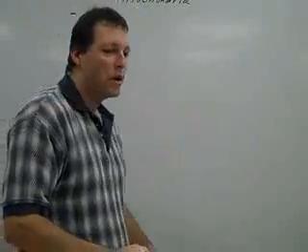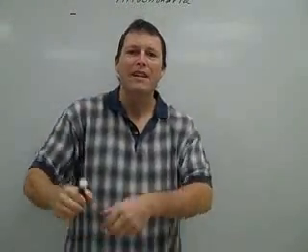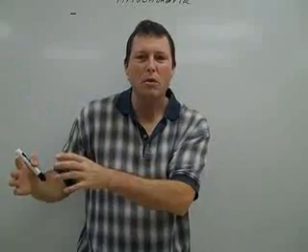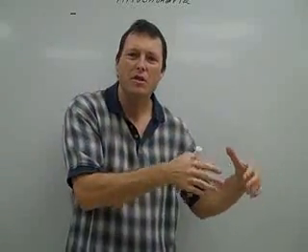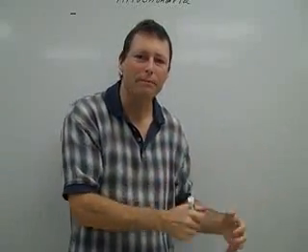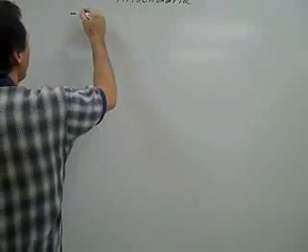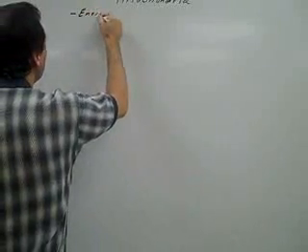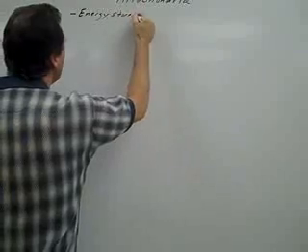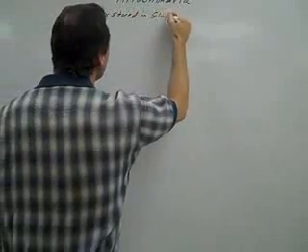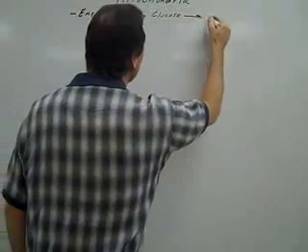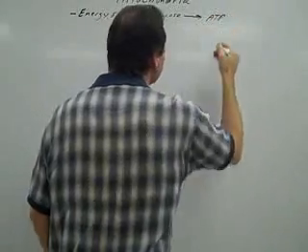And the mitochondria has the function of taking the energy stored in glucose and transferring that energy to the energy stored in ATP. So let's go ahead and write that down. Energy stored in glucose to energy stored in ATP.